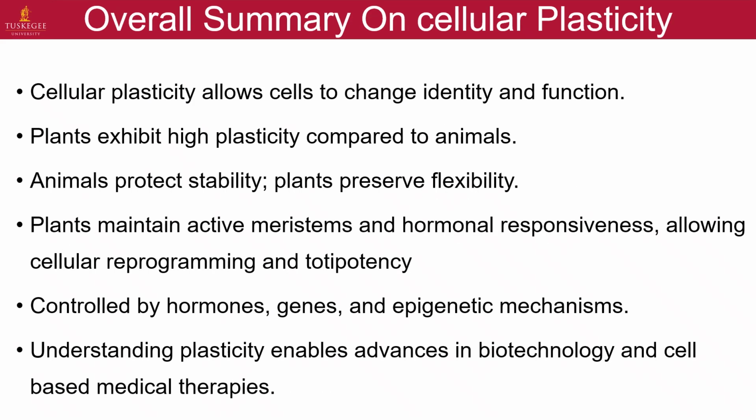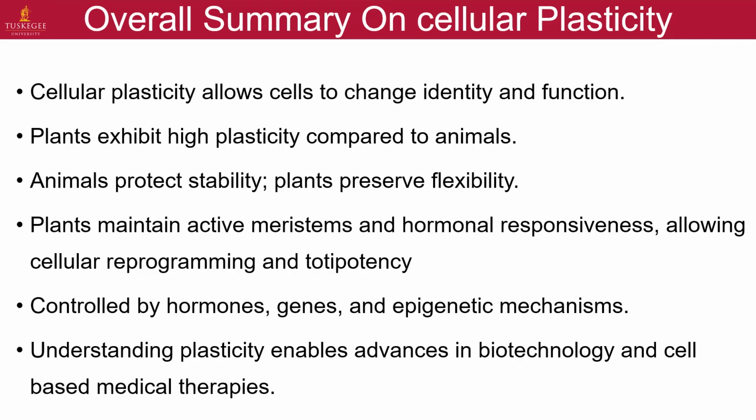So the overall summary of this session is that cellular plasticity allows cells to change identity and function. Plants exhibit a higher plasticity compared to animals. Animals mostly focus on protecting the stability of cells that have already been differentiated, while plants mostly preserve flexibility, therefore increasing their totipotency.